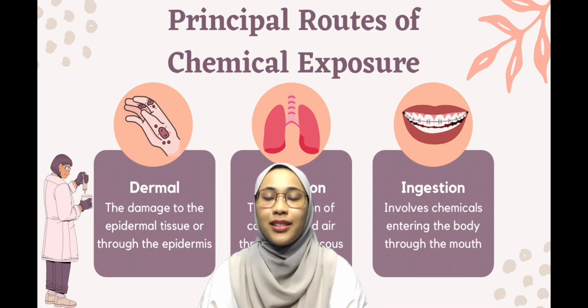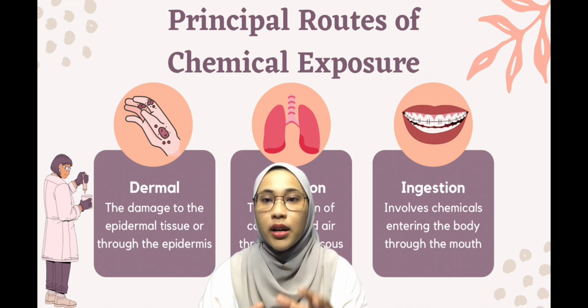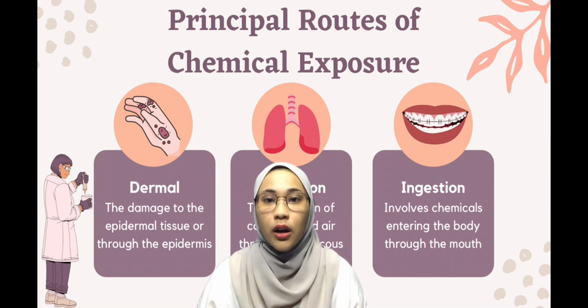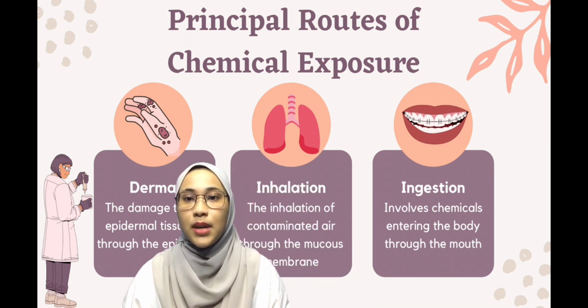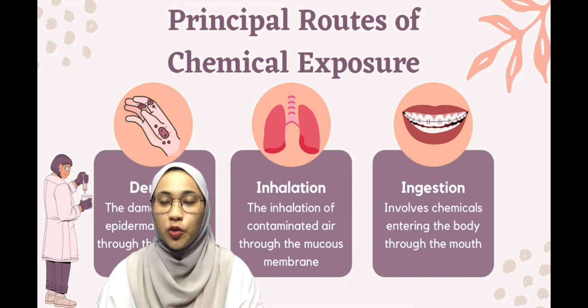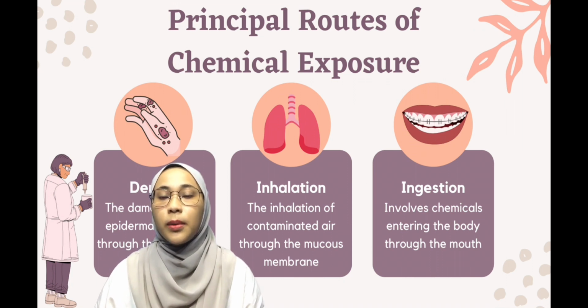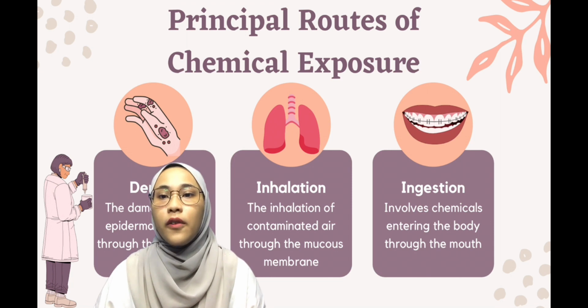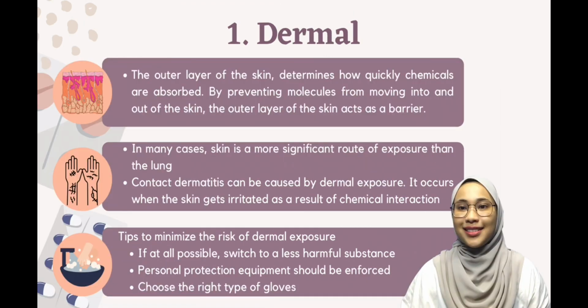Guys, in general, dermal exposure occurs when a toxicant causes damage to the epidermal tissue or is absorbed through the epidermis and enters the bloodstream. Meanwhile, inhalation exposure is about the inhalation of contaminated air through the body's airways such as mouth and nose. Then, ingestion involves chemicals entering the body through the mouth.